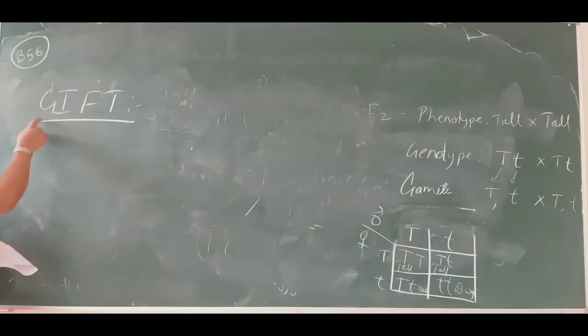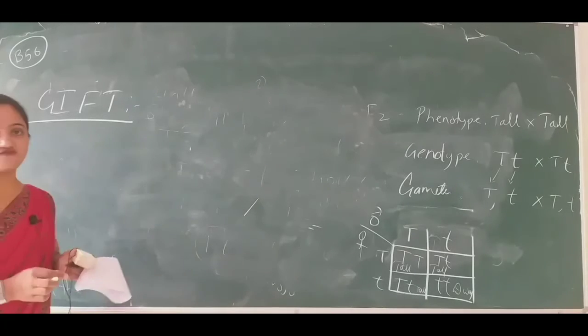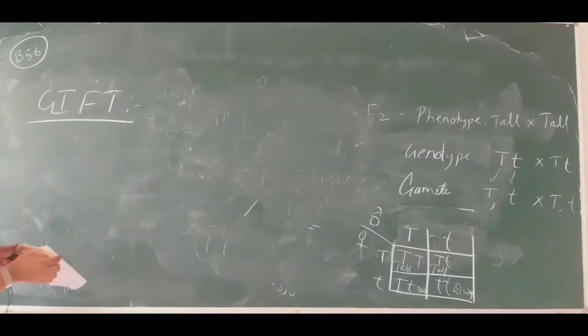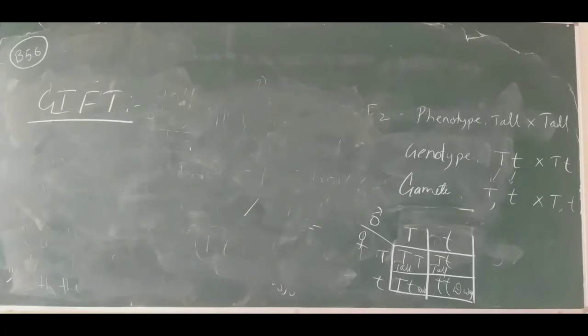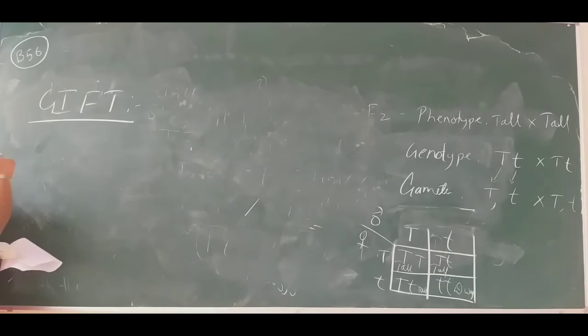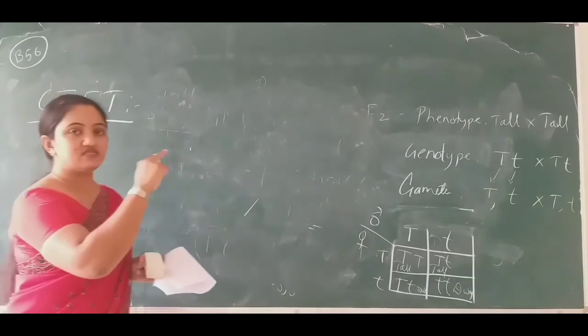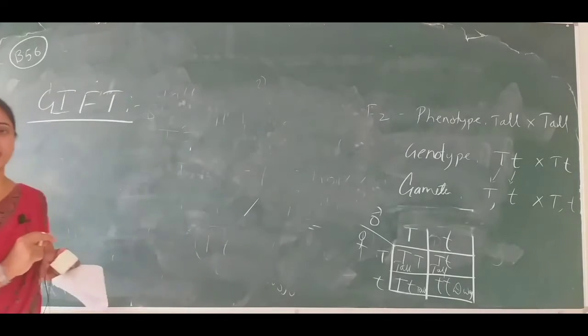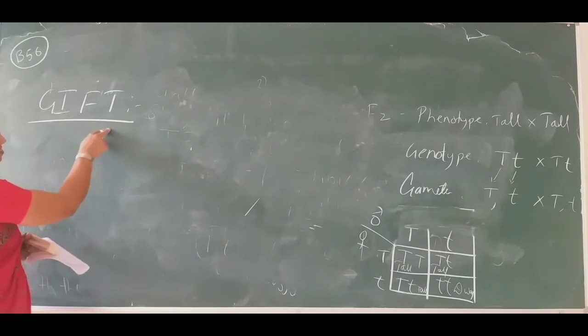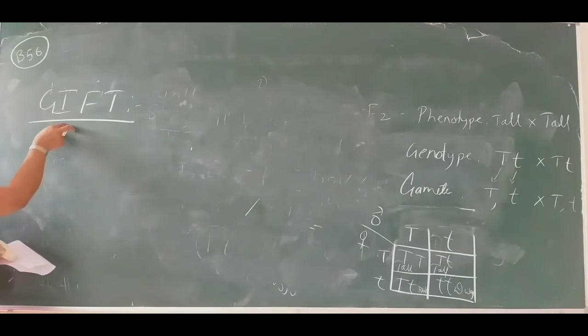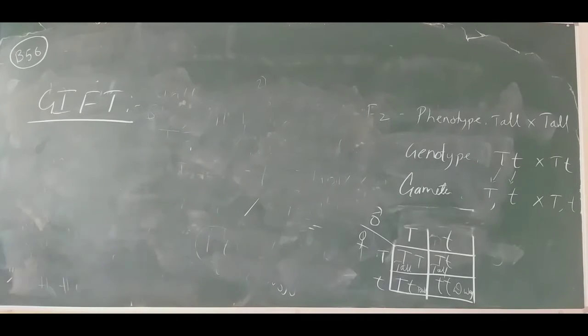Here you have to write the expansion of GIFT first, and later you have to write that the ovum of the donor is transported and inserted into the fallopian tube of another woman. That is the procedure, the mechanism, of GIFT.